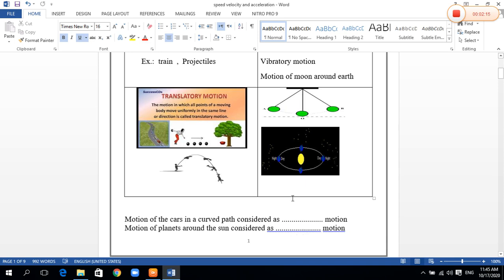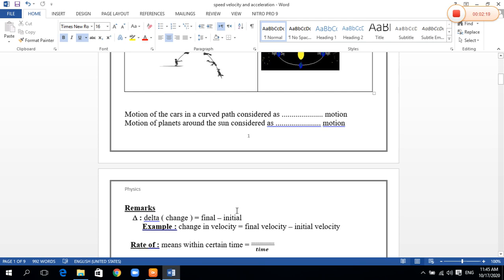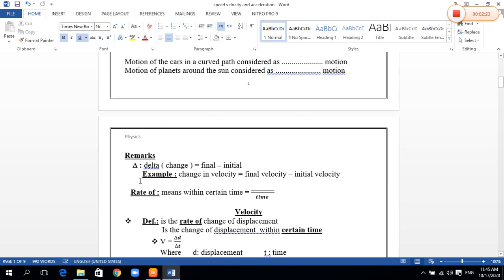Now let's see some notes that are important in physics. The first remark is delta. This symbol, the triangle, represents a word called delta, and it means the change, meaning the final physical quantity minus the initial physical quantity.